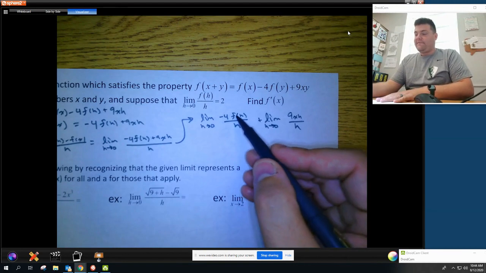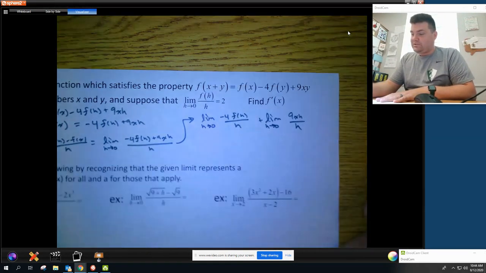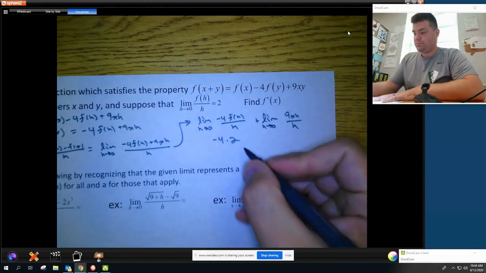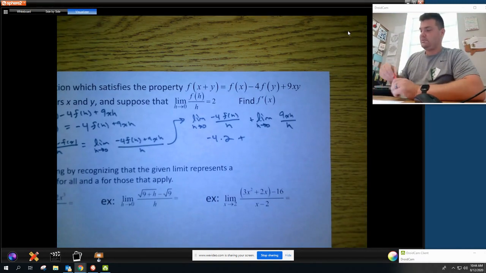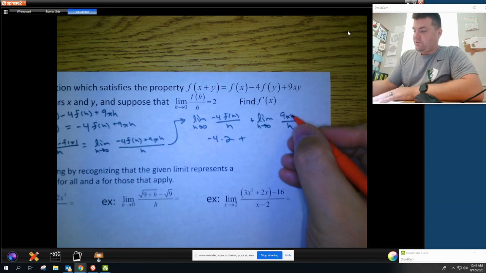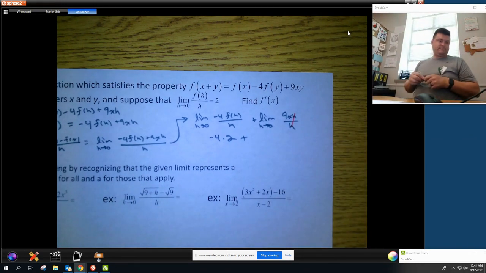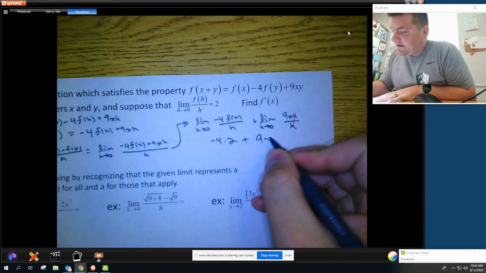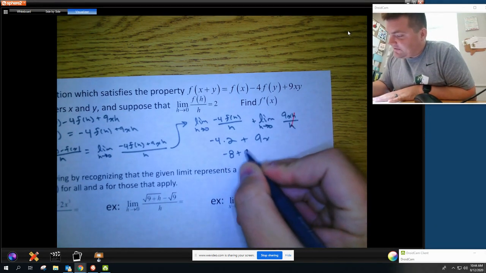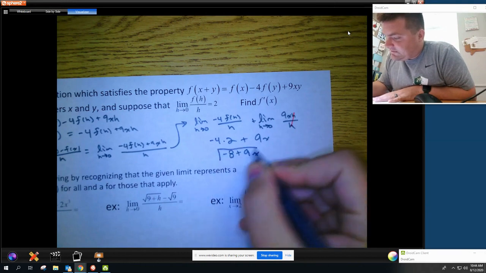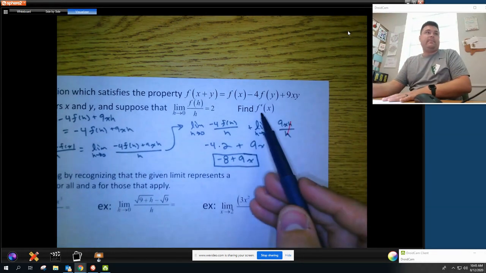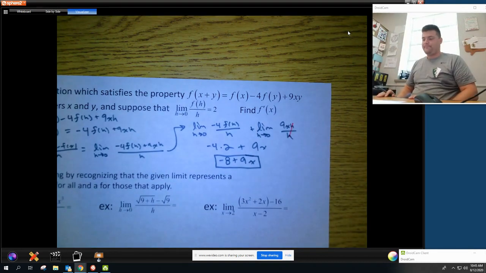It's just a constant. But f of h over h, as we're doing the limit as h approaches 0, gives me a 2. So this is going to give me a negative 4 times 2 plus, don't these h's go away? So I'm left with just a 9x. So I get negative 8 plus 9x. And that would be f prime of x. Okay? All right.